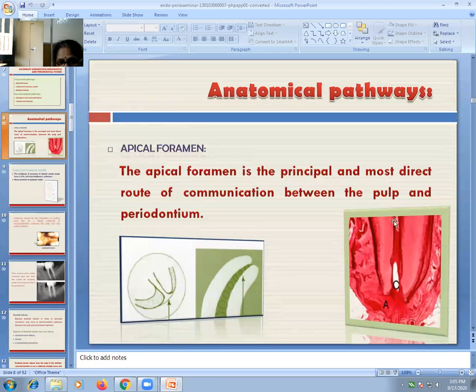You can see this is the pulpal canal and this is the periodontium. At the apical foramen there is direct connectivity between the pulp and periodontium, so any infection in the pulp can reach the periodontium, and anything from the periodontium can pass to the pulpal area through the apical foramen. So the major pathway is the apical foramen.